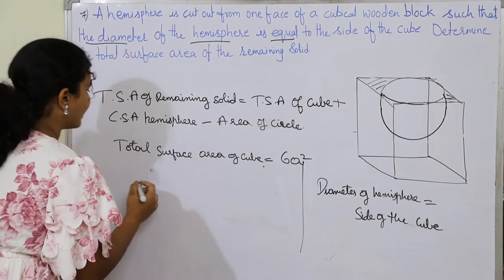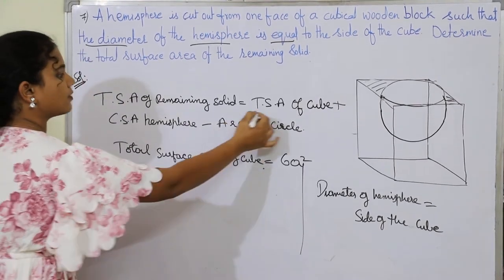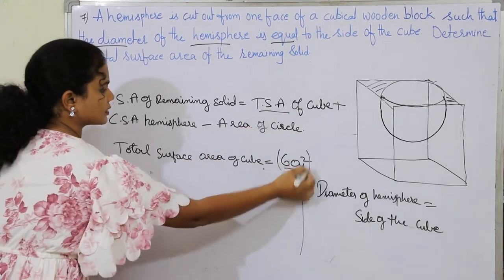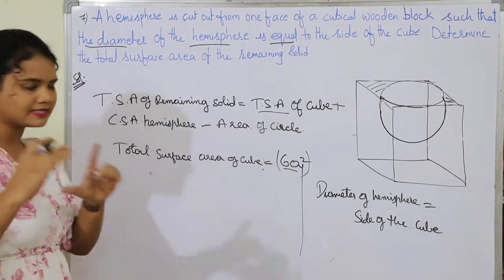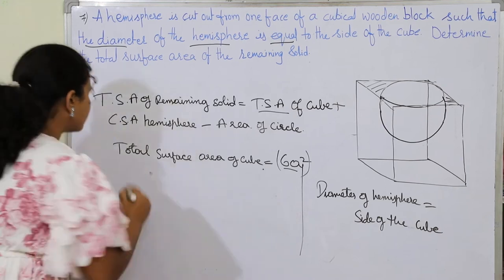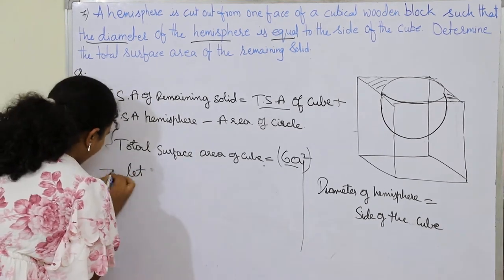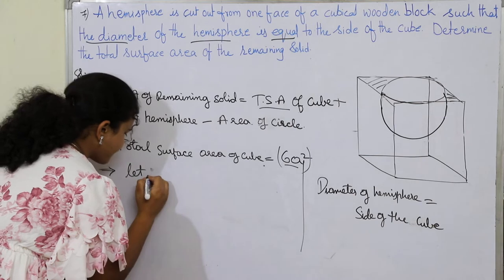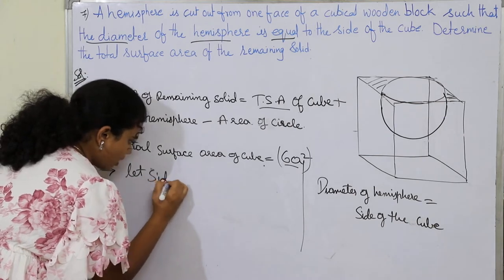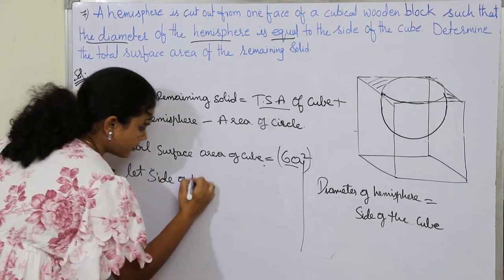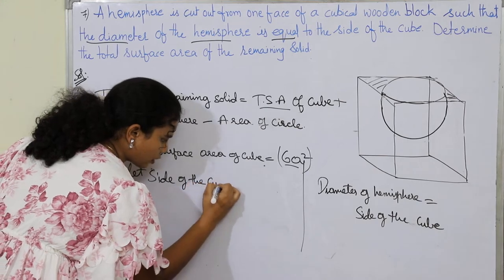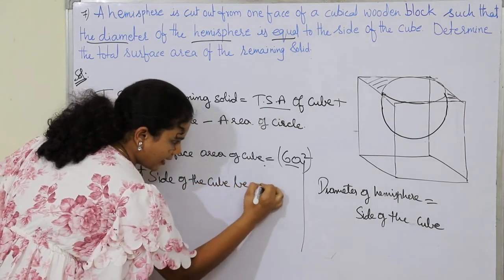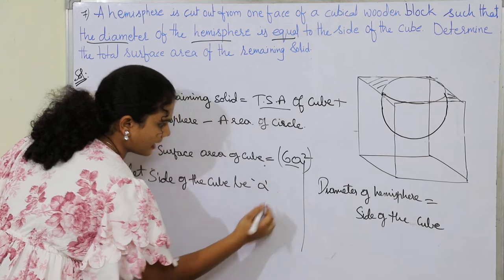So I got the total surface area of the cube, which equals 6a square. Let us keep this aside. Now here, let the side of the cube be A, guys.